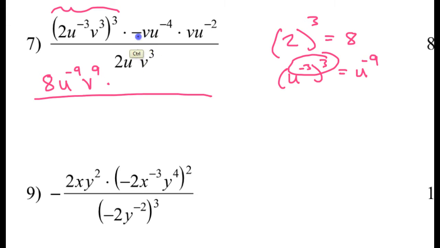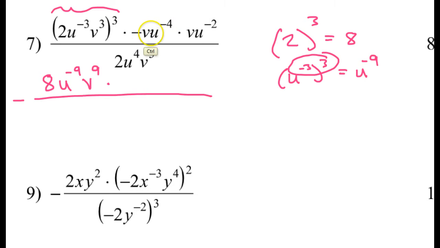So this negative sign, I'm going to go ahead and put that way out in the front. So I've just got v, u to the negative 4th power, and then another v. Maybe I should go ahead and multiply those together, save myself a step later.